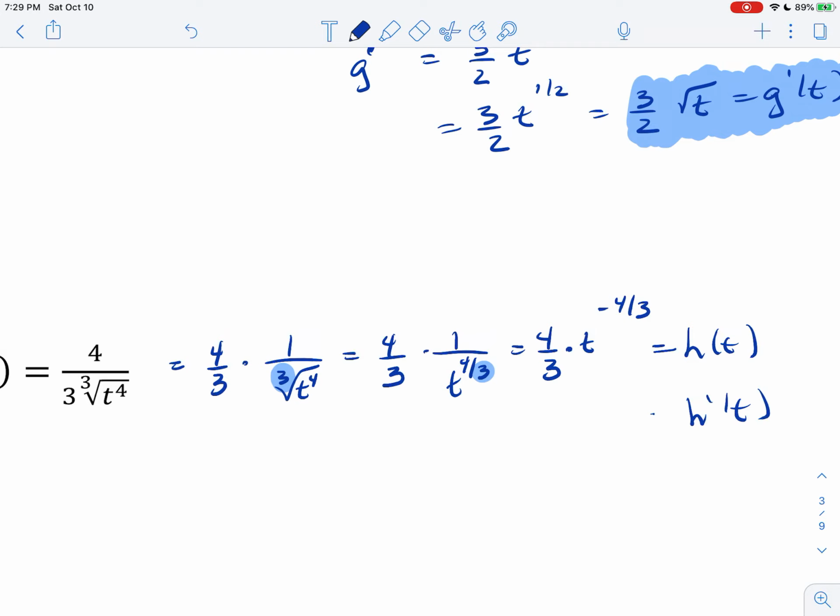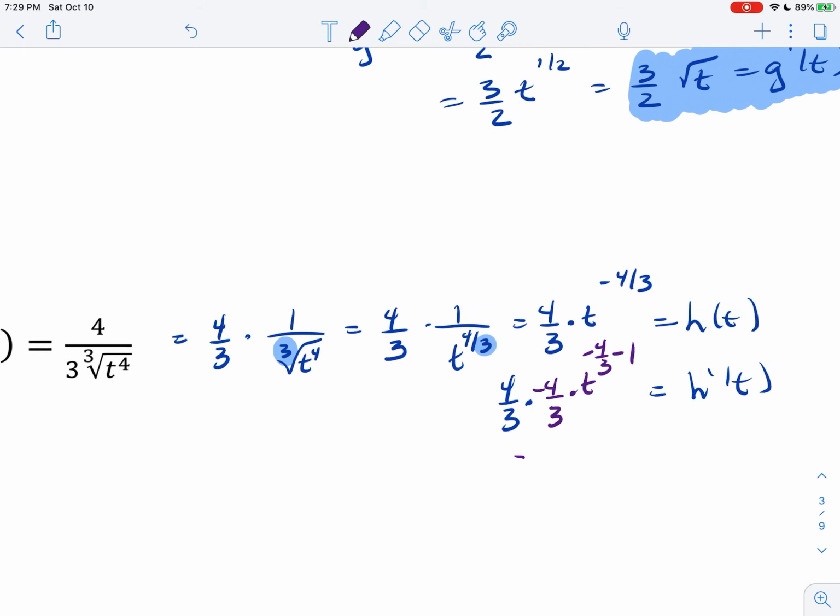So what is my h prime of t? It's my constant times the derivative of my function. And remember what my derivative is. I'm going to take down my exponent. I'm using the power rule. And then I subtract 1, right? I get 4/3 times negative 4/3 is minus 16/9.